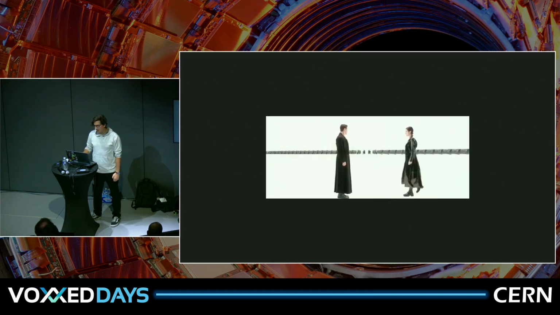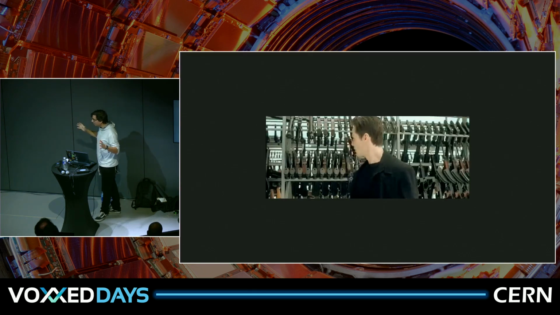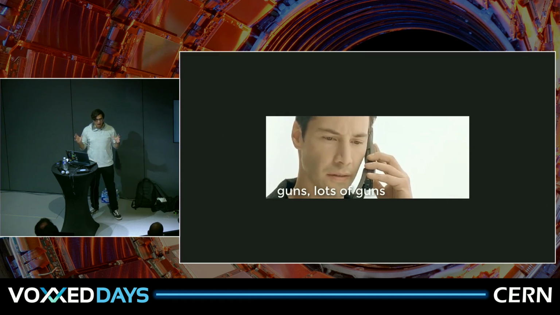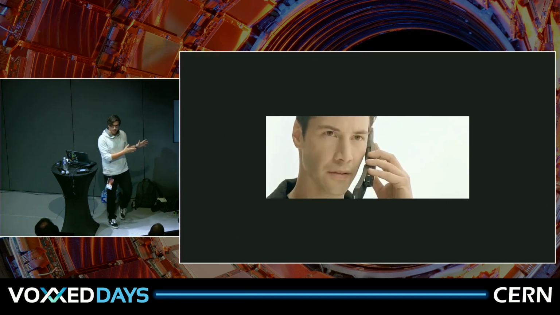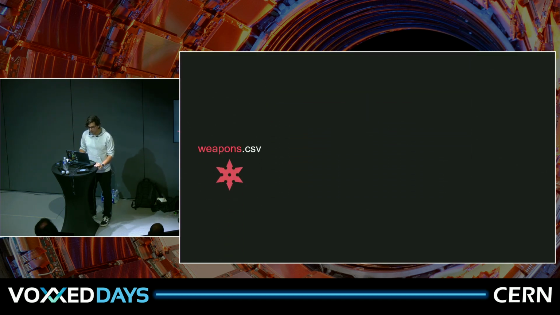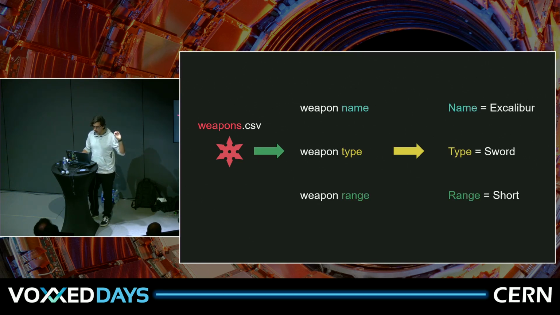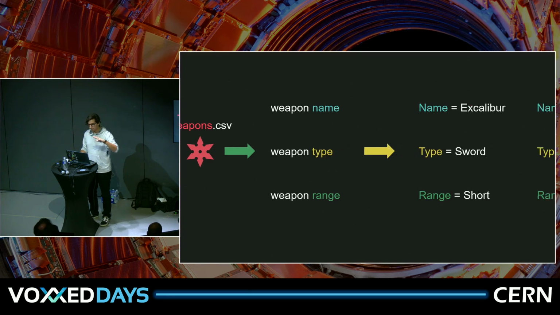So he asks for guns, lots of guns, but there is a plot hole here. How is he ever going to find the guns he needs in this mess, right? So we're going to help him. We have a small CSV with some weapons. The weapons have three properties: name, type, and range. For example, Excalibur, sword, and short.